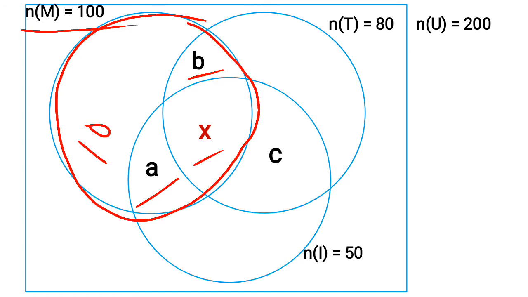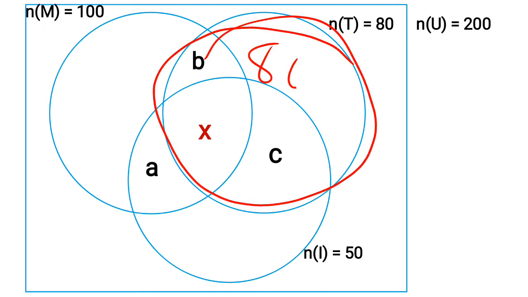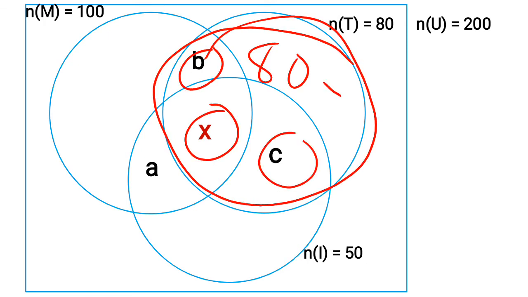All right, so similarly, when I come to the circle for toothache, the circle for toothache is 80. So to get only toothache, I get 80 minus the 3 things I see here.